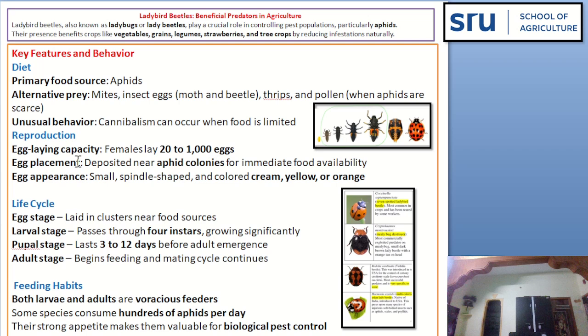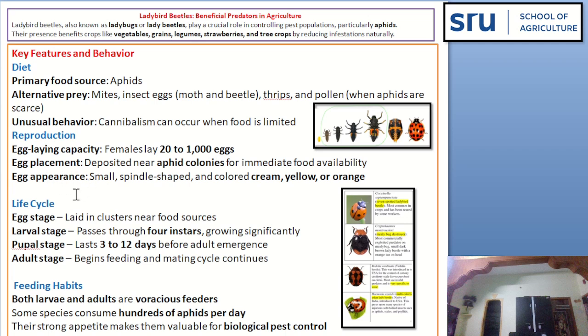Reproduction. The egg laying capacity of a ladybird beetle is 22,000 eggs. Egg placement: they deposit their eggs near the aphid colonies for immediate food availability to their offspring.